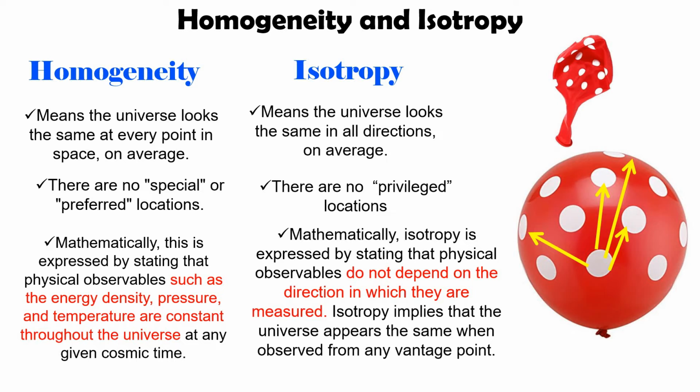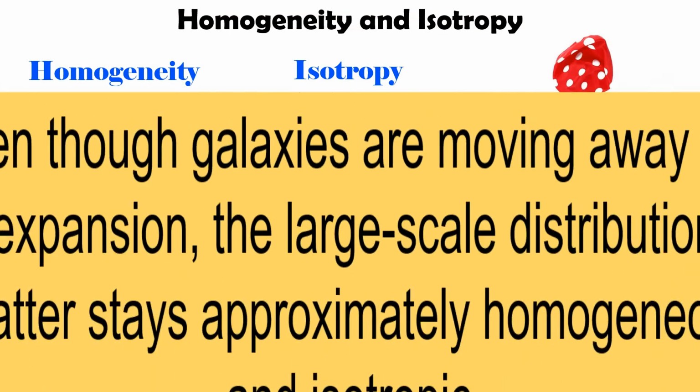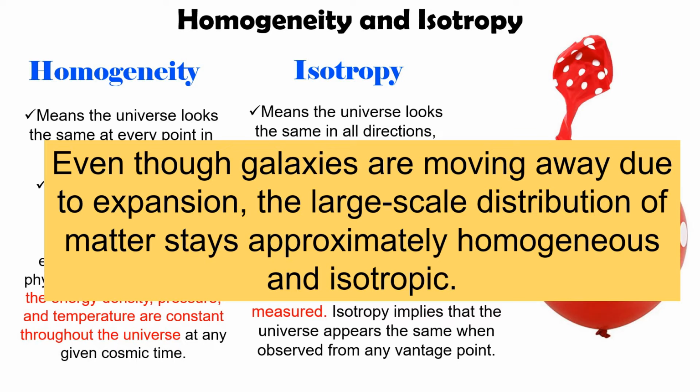It is another quite nice example to explain homogeneity: even if the balloon is inflating or the universe is expanding, although the distances between those white dots are changing, overall it remains the same. So this is very important. Even though galaxies are moving away due to expansion, the large scale distribution of matter stays approximately homogeneous and isotropic. And this is very important.